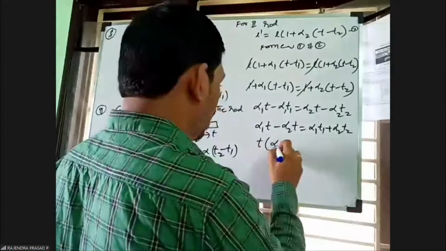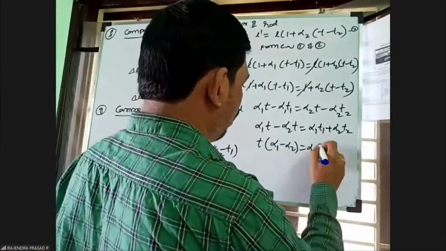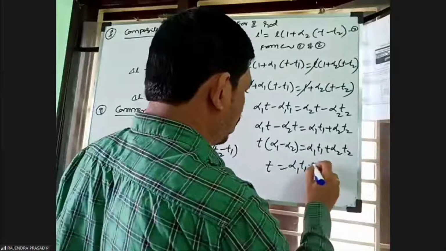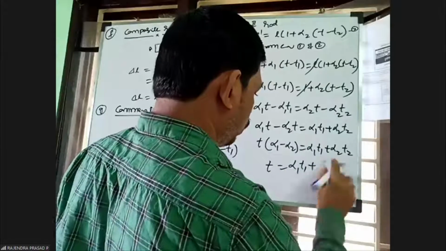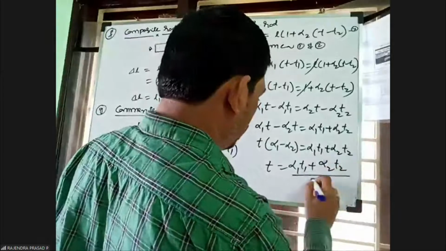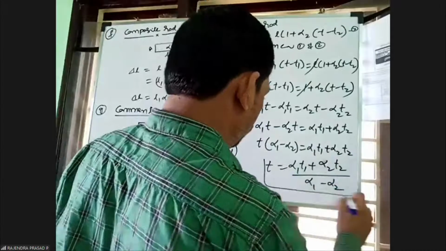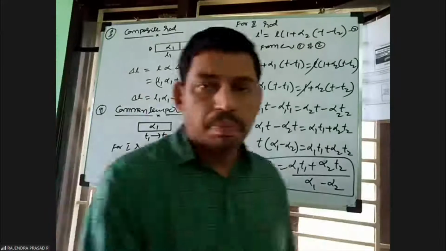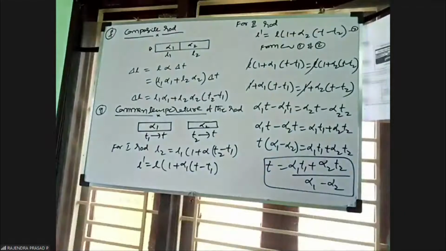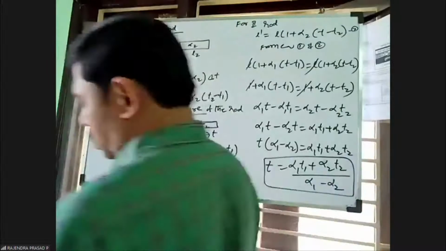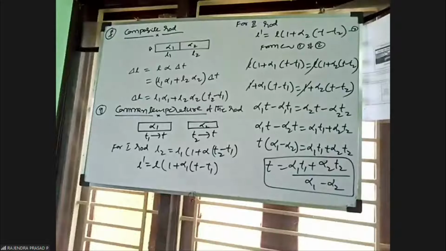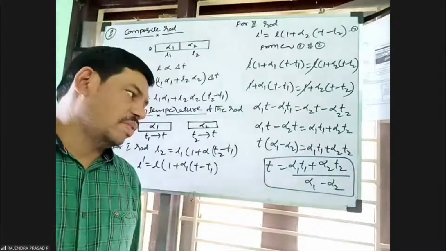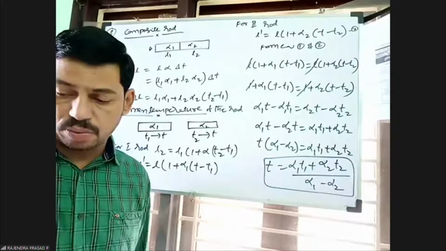T is common, so T equals alpha 1 T1 plus alpha 2 T2 by alpha 1 minus alpha 2. This is the final, common temperature of both rods.